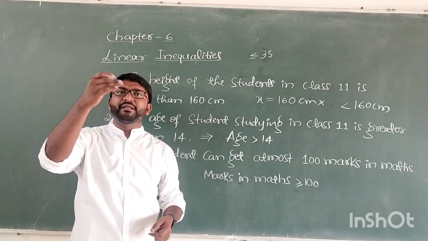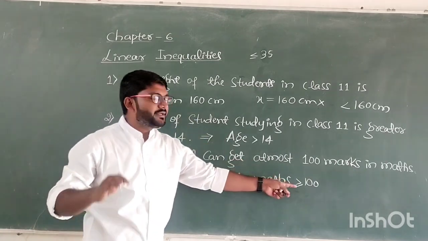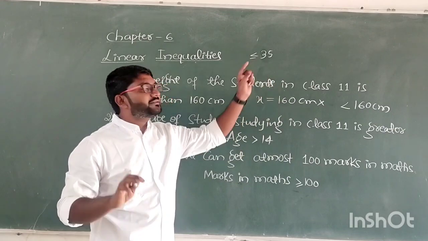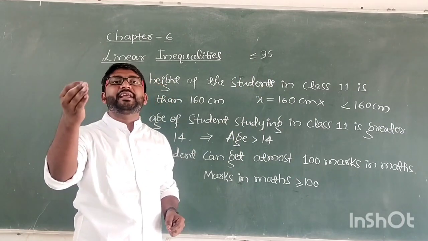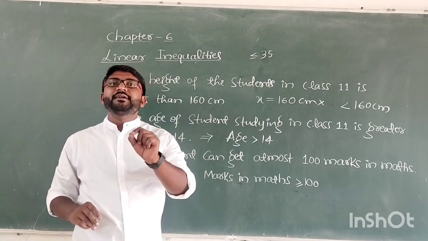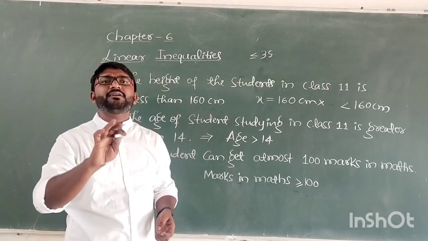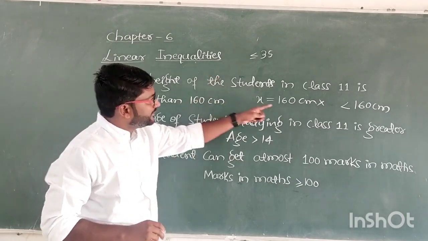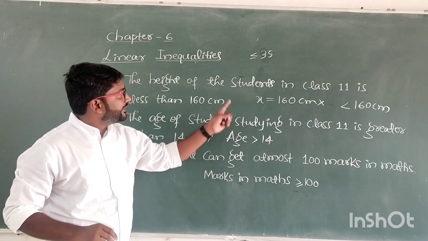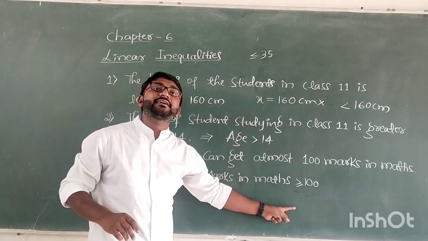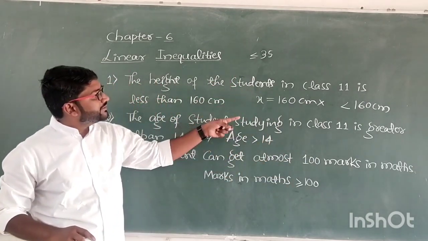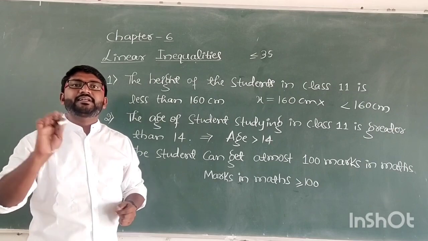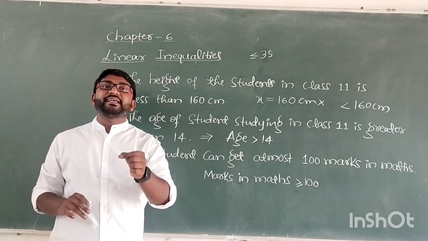At least means minimum. At most means maximum. So at least 35 marks must be obtained in order to pass the maths exam in the board exam or in the annual exam. So here less than, greater than, less than or equal to, greater than or equal to. So these symbols are nothing but inequations or inequality.